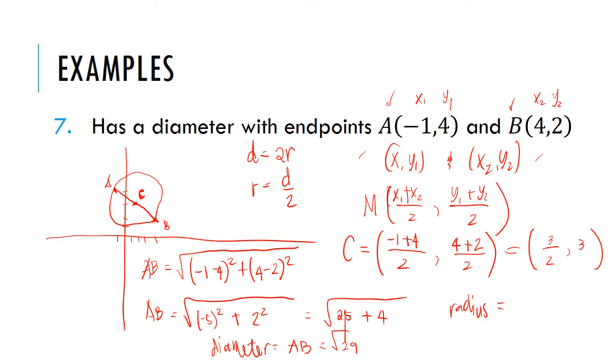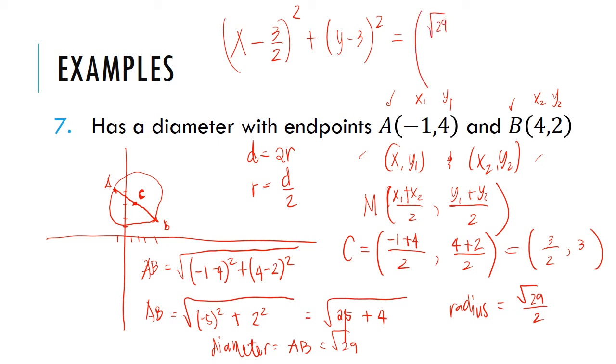The radius is half the diameter, so that should be square root of 29 all over 2. Sorry, I haven't given the answer yet. Therefore, the standard equation, I'll write on top: x minus the center, x minus 3 halves squared plus y minus 3 squared equals the radius, square root of 29 over 2, squared.